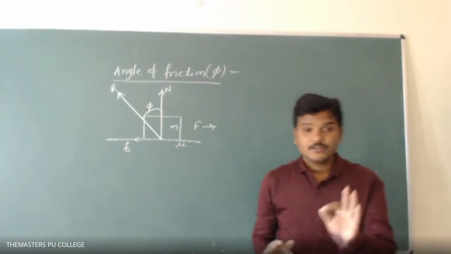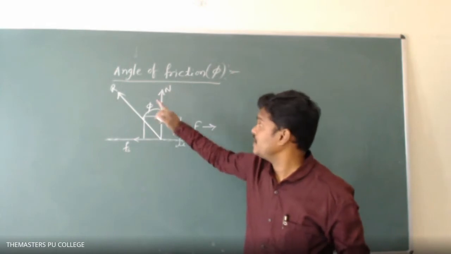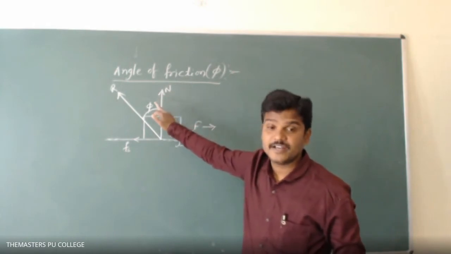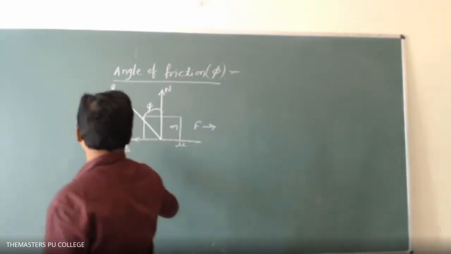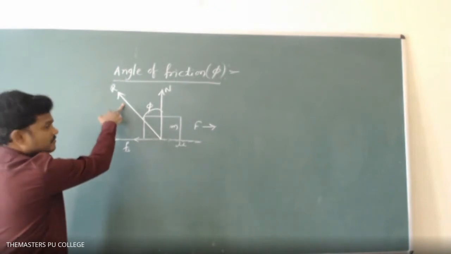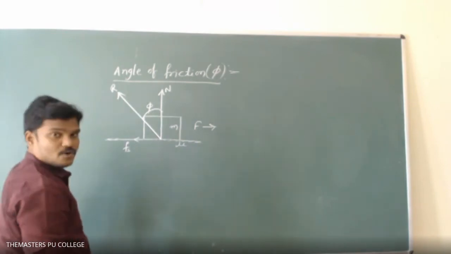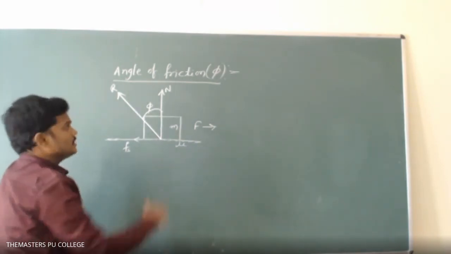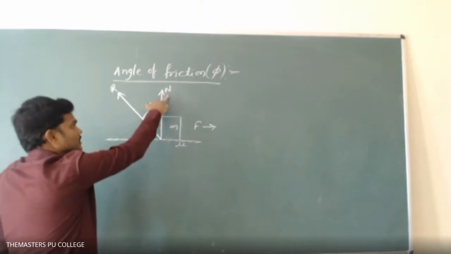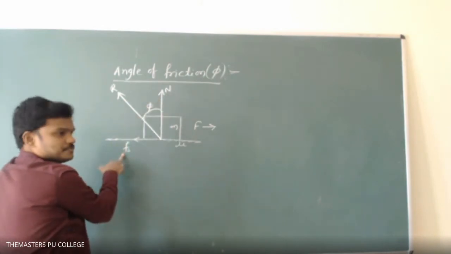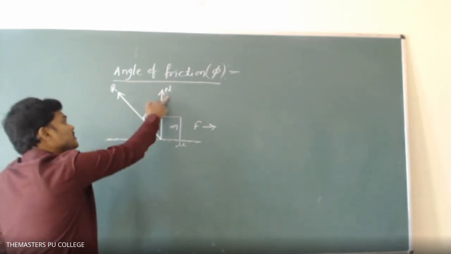So, angle of friction is defined as the angle made by the resultant of normal reaction and frictional force with the normal reaction.